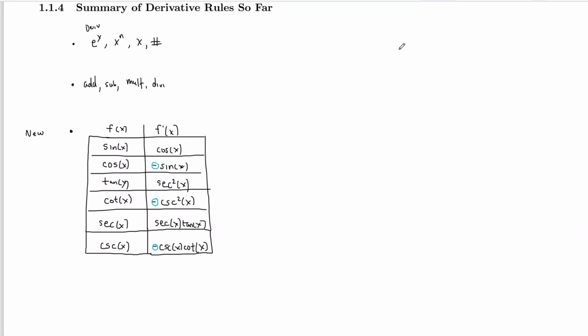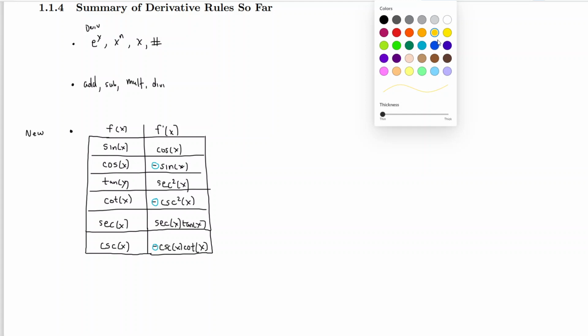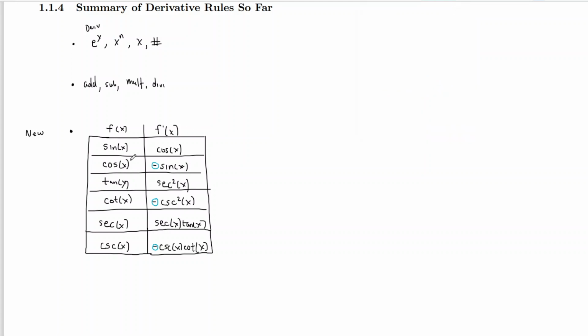Which ones have negative signs? Well, it's the ones where the original function starts with c, all of the co-functions. So if you're doing the derivative of a co-function, cosine, cotangent, cosecant, the ones that start with c's, then its derivative is going to get a negative sign.